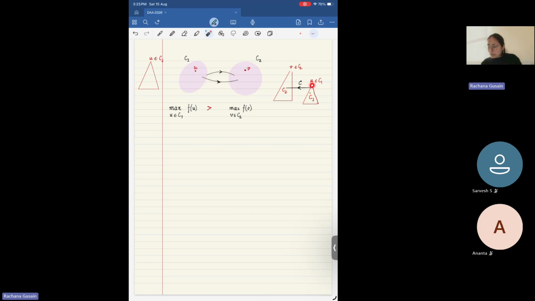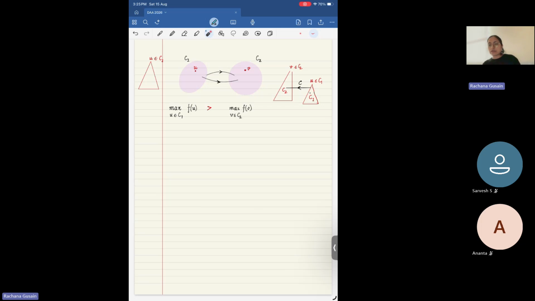So here you can see again which node will have the highest finish time. If I get a DFS forest, one DFS tree, second DFS tree, and then there are these cross edges, which node will have the highest finish time? If there is a single DFS tree, it is the root node which has the highest finish time.